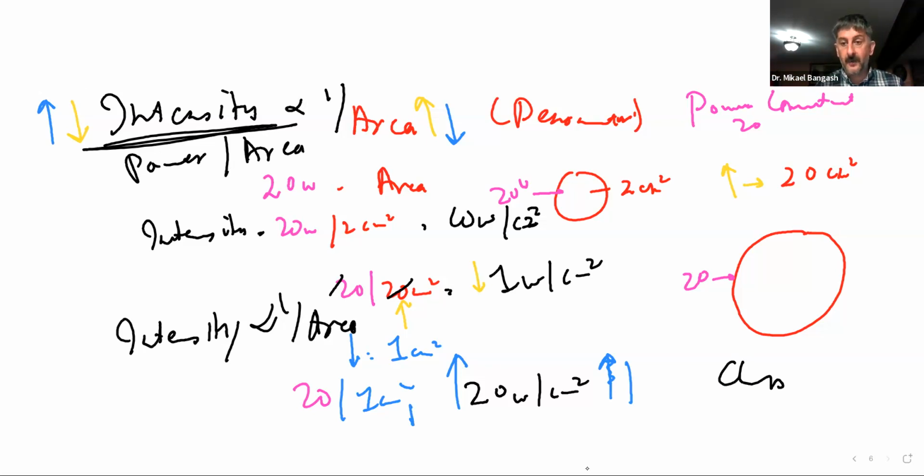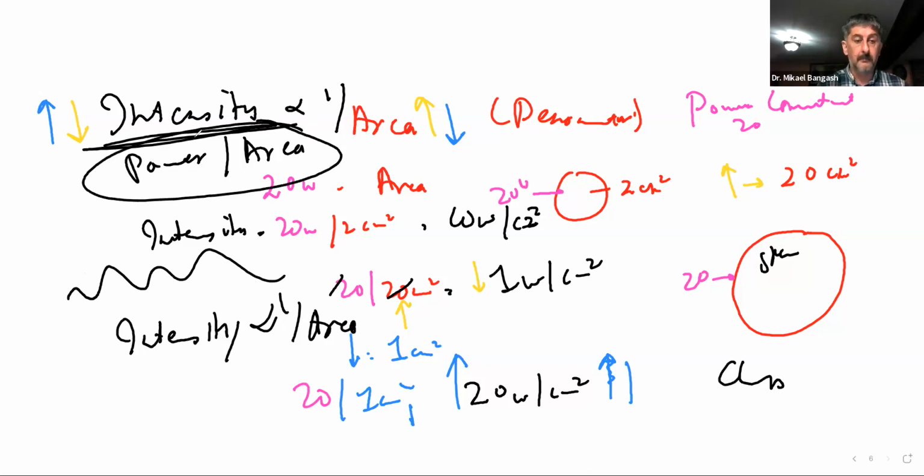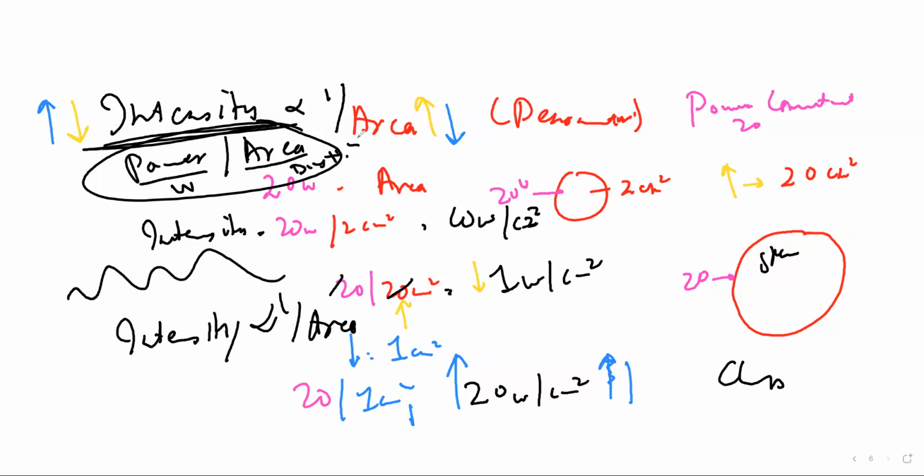But irrespective of whether it's a spatial intensity or a temporal intensity, the unit is always going to be the same: unit of power per unit of area, which is watts per any unit of distance squared. Did you girls get that? Yes. Good.